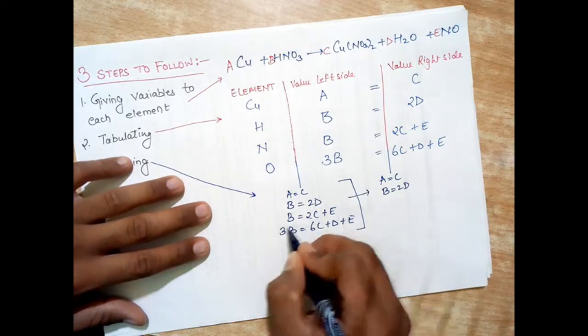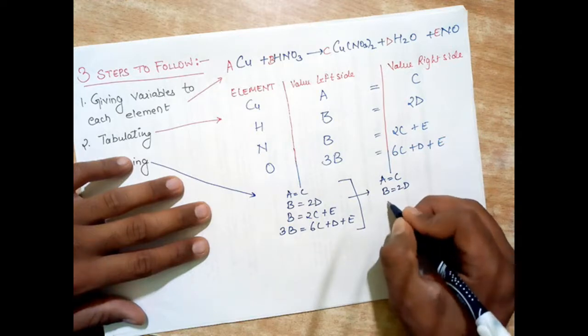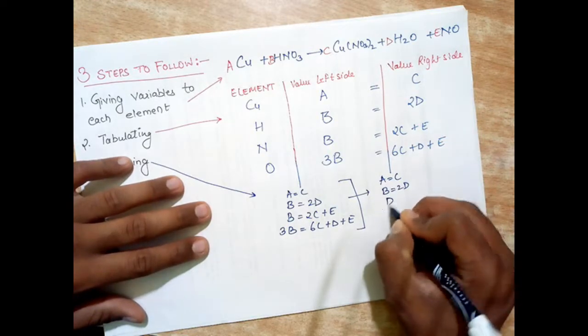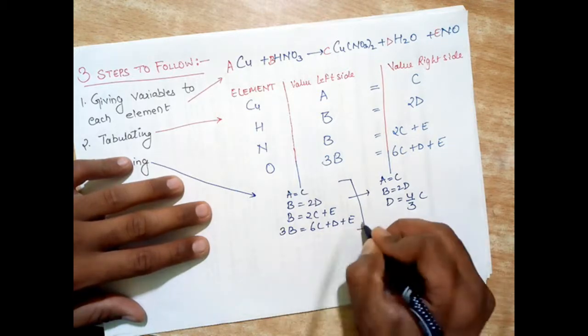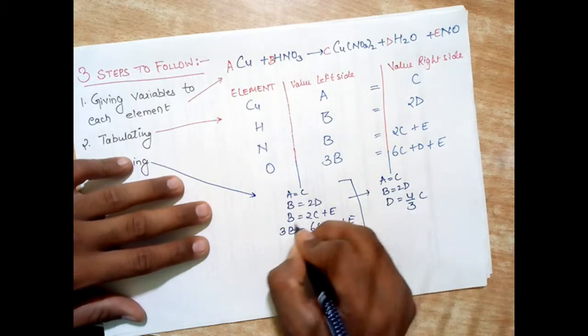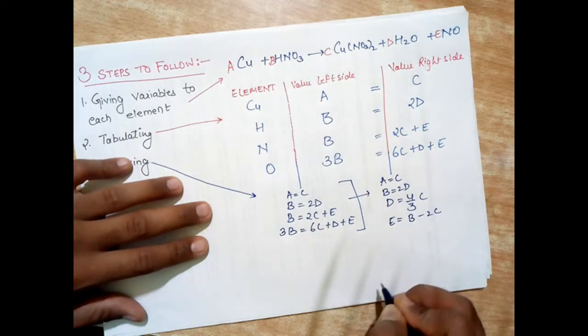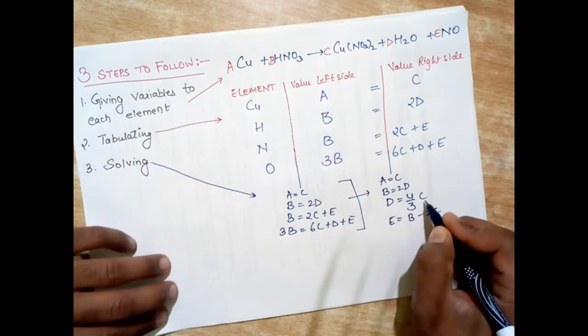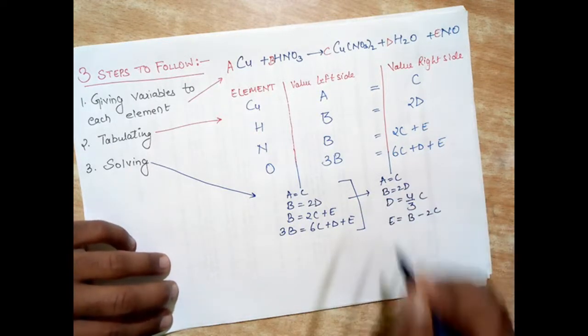Now we will be solving the relation between C and D by using these three, and we will get the equation D is equal to 4 by 3C. And from this equation we will get E is equal to B minus 2C. You may be wondering how I got this. If you solve this equation, then you will be getting this one.